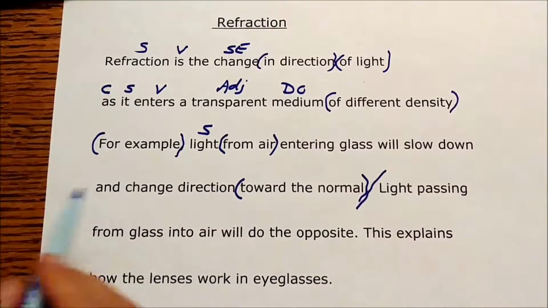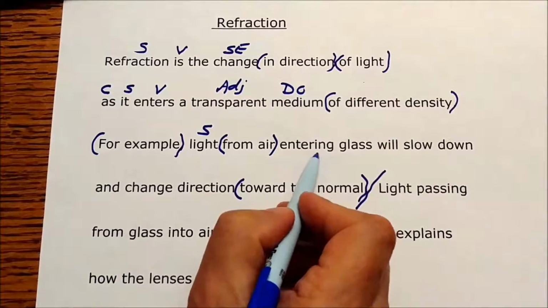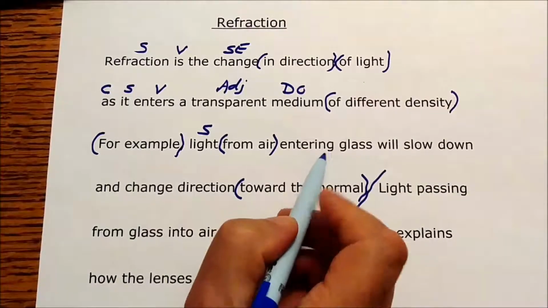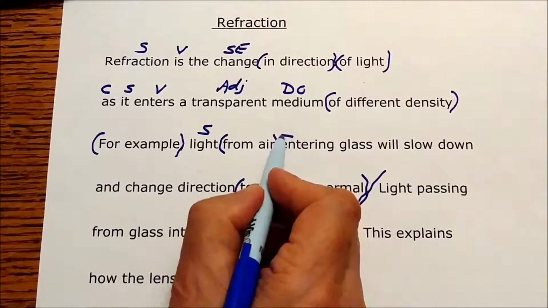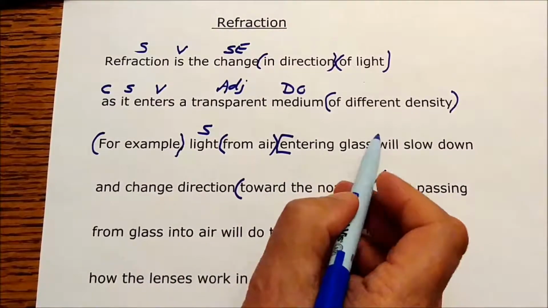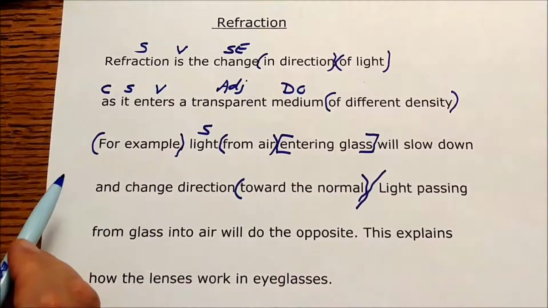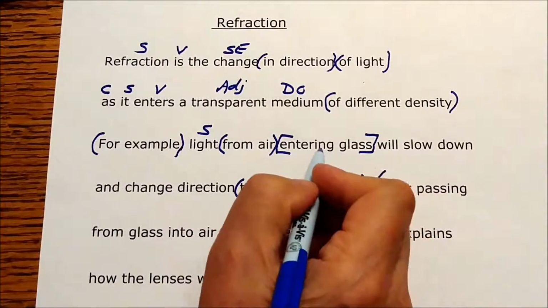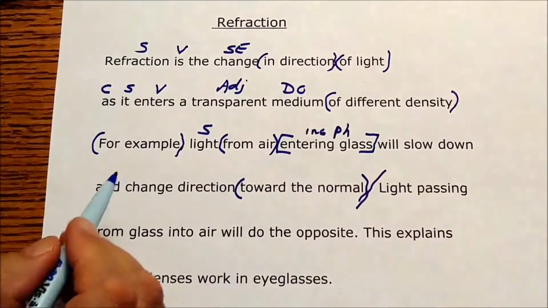Prepositional phrase. Entering glass. This is an example of a phrase with an ing verb. So this is a phrase, but it's not a prepositional phrase, so we're going to mark it in brackets here, like that. It is an ing phrase, okay?